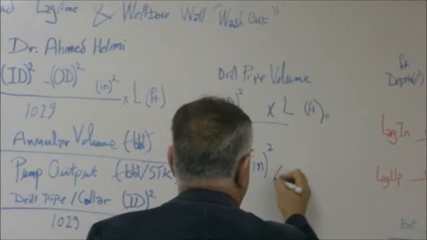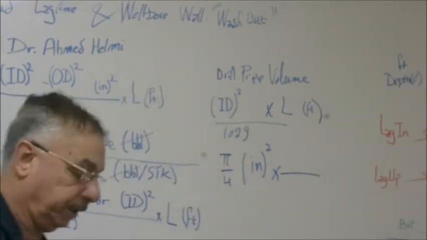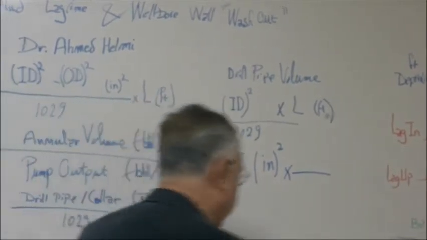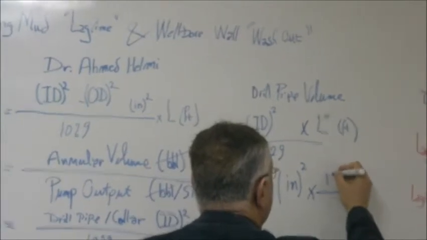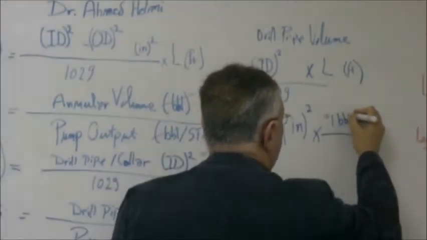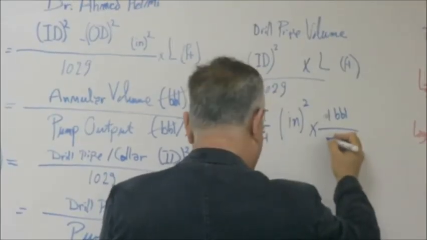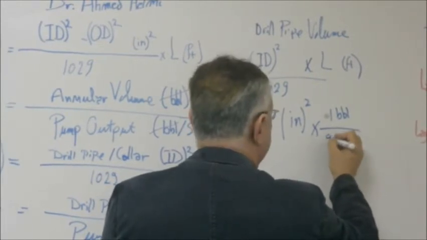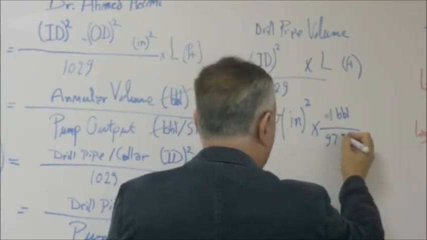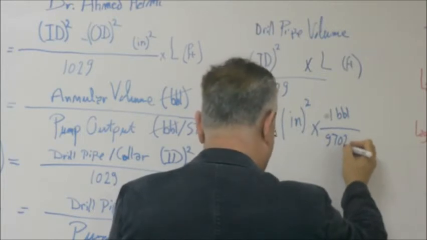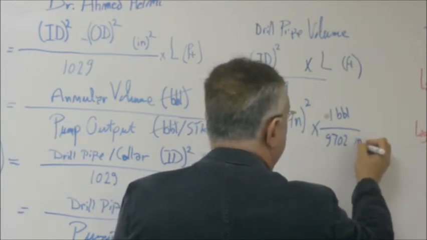And if we multiply this by how many cubic inches are present in one barrel, we will find 9702 cubic inches in one barrel.